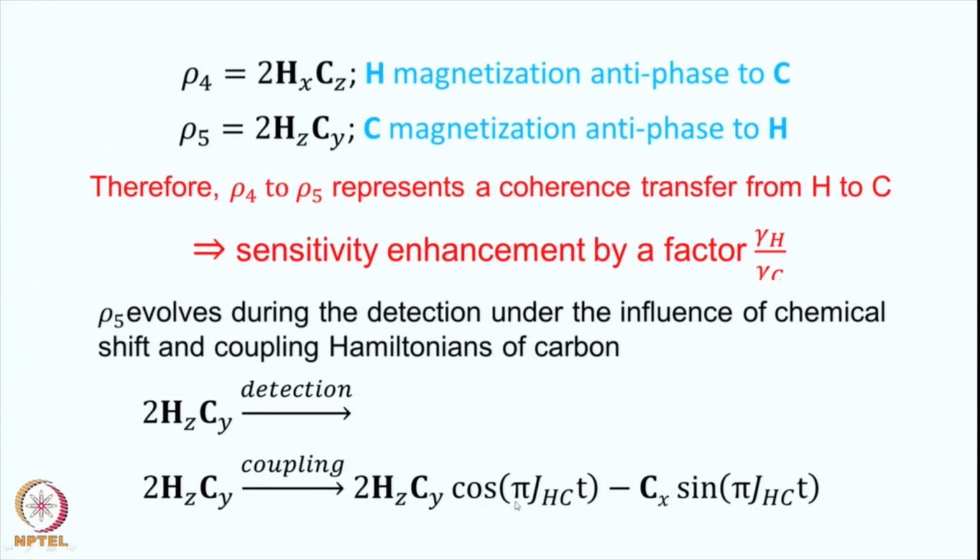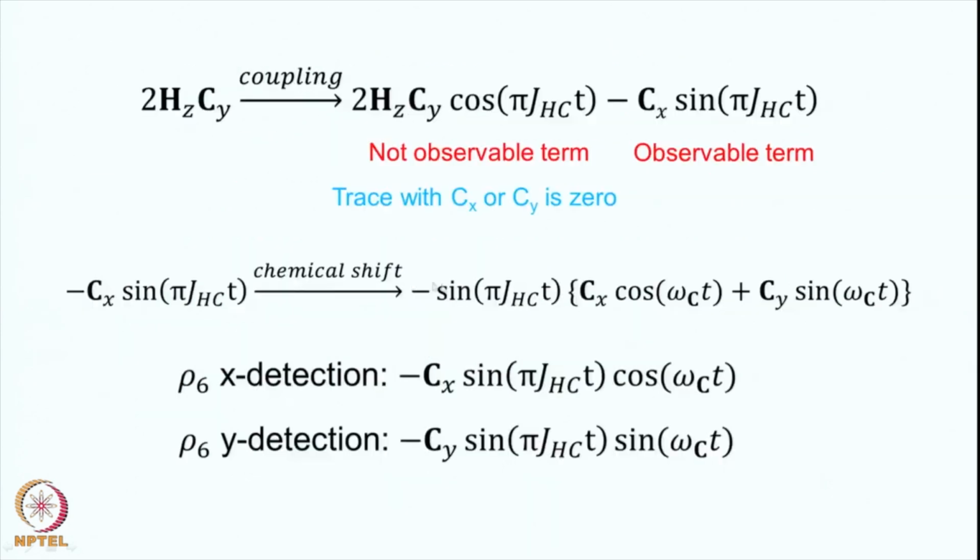Now you notice that this particular term is not observable. This antiphase magnetization is not an observable term. So, if we did not have this coupling evolution, we would not have any observable magnetization.